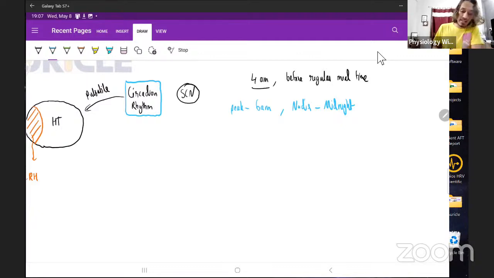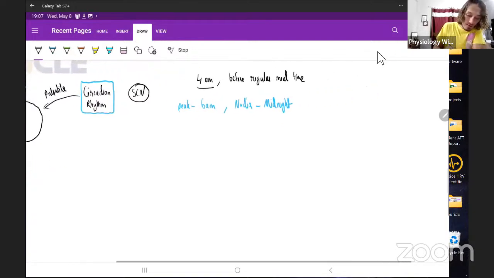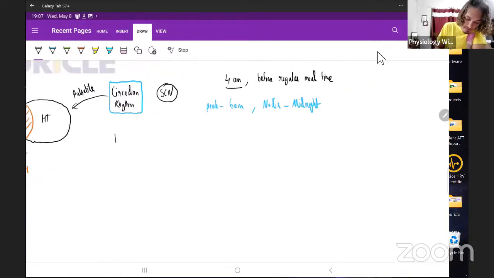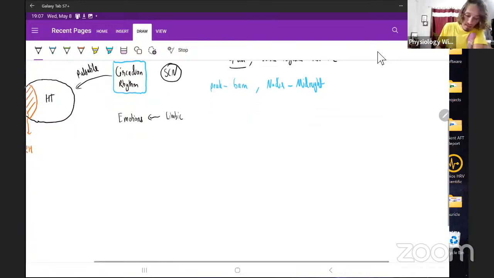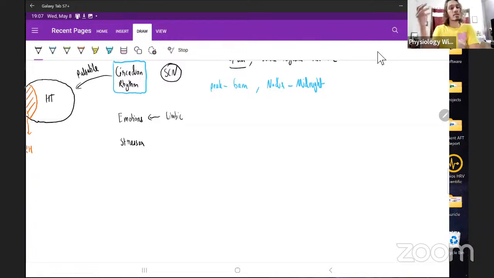Now, beyond circadian rhythm, we have emotions. From your limbic system, any sort of emotions, including any sort of stressor, can be psychological or physical.